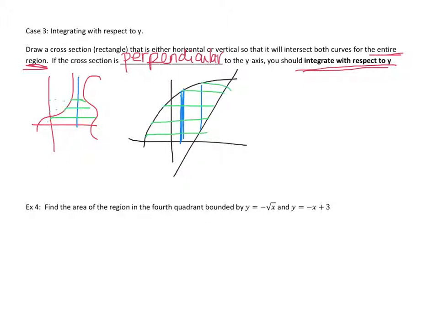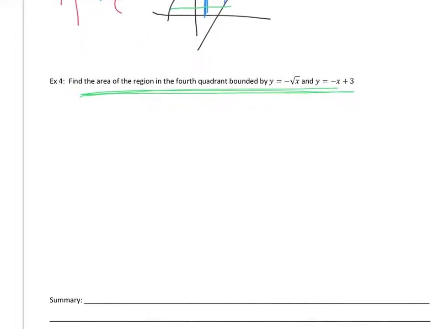So when you can draw a horizontal rectangle that intersects both your curves, you want to integrate with respect to y. So we're going to look back at example 3 and redo it, but now we're going to integrate it with respect to y. Okay, so let's do that.